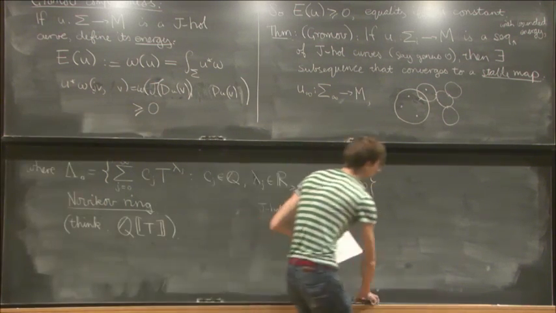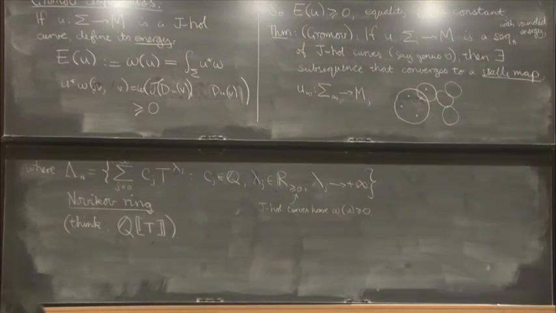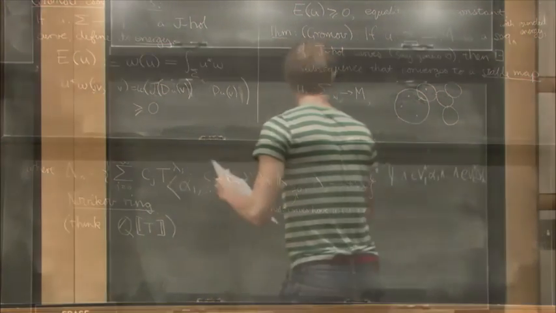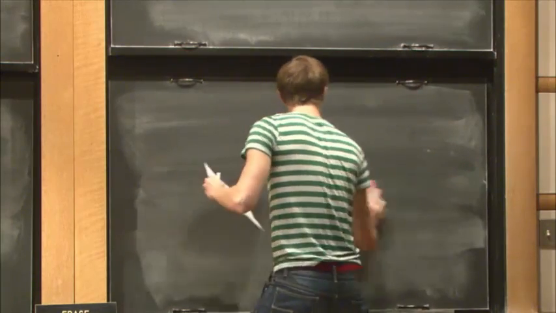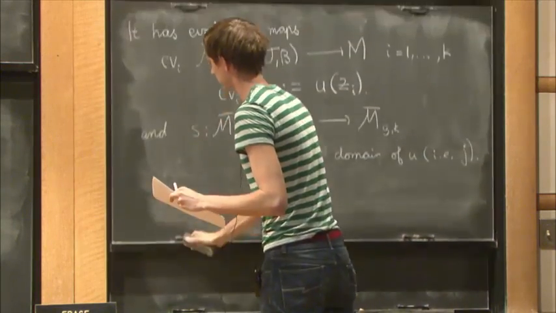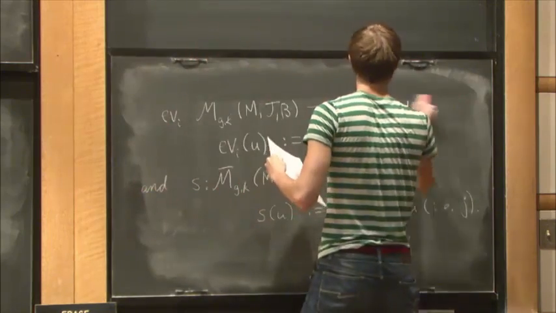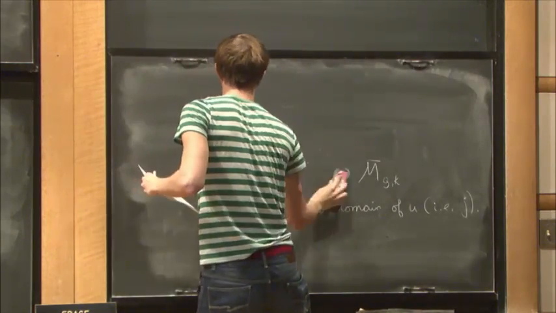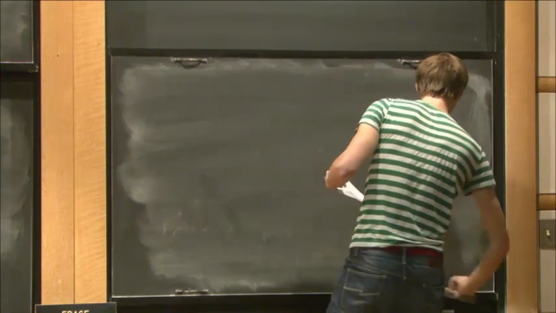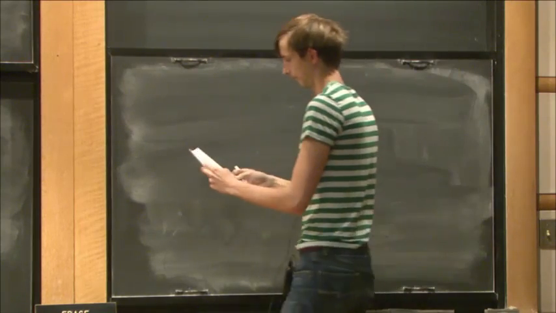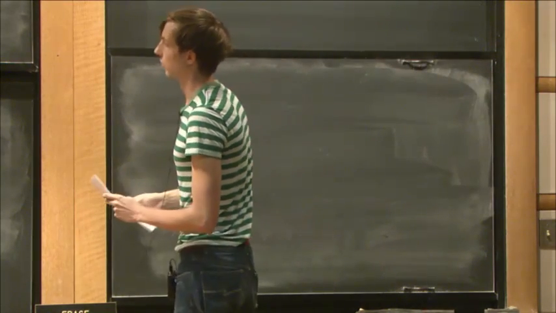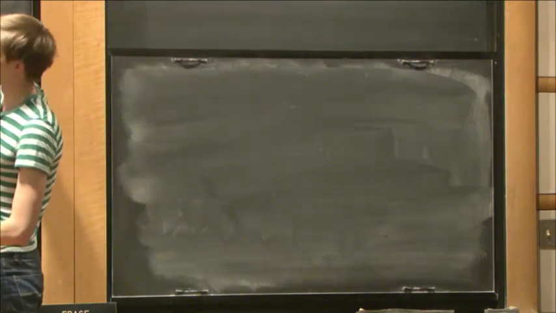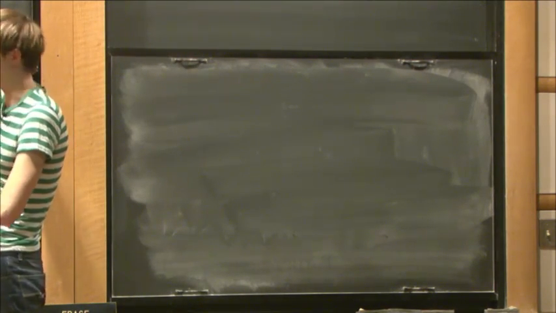So this Gromov compactness result is really crucial for us to be able to define our Gromov-Witten invariants over this ring by the argument I just said.